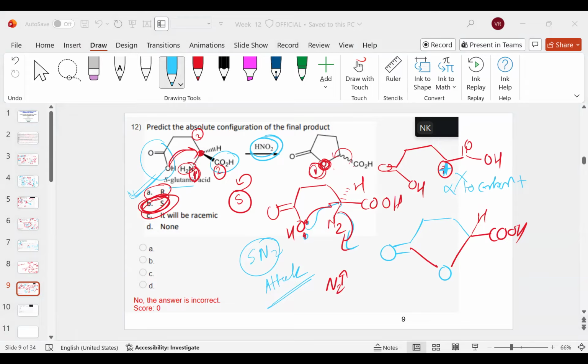You can also have a look at this problem. If you get the answer, please let me know. But going mechanism-wise, option A is the correct option, based on what we have discussed. That is the R option, not the S. I don't trust the answer given in the assignment, option B. Option A should be the correct one.